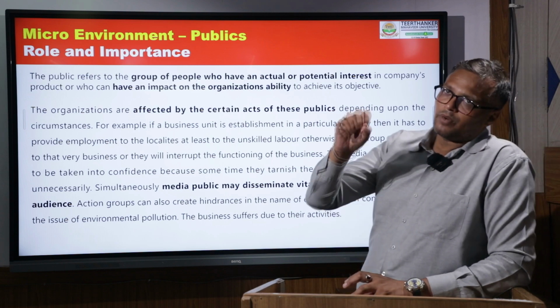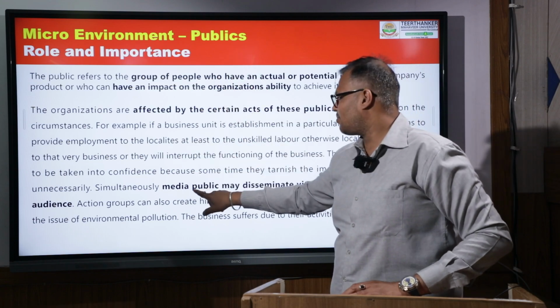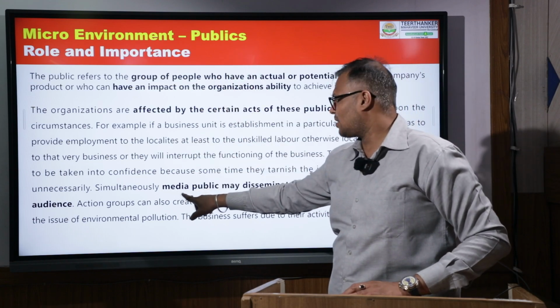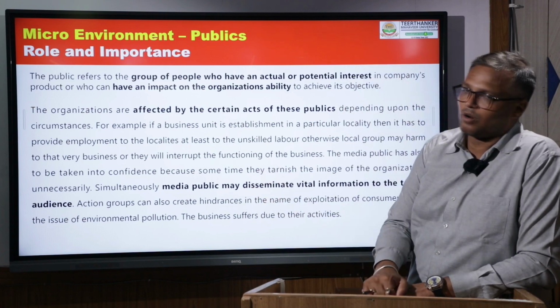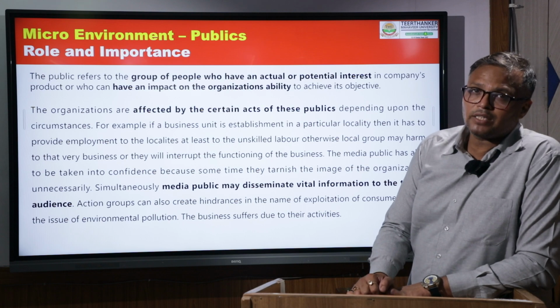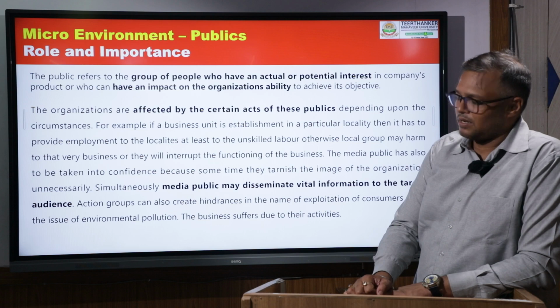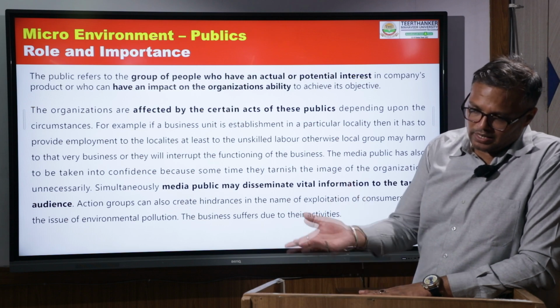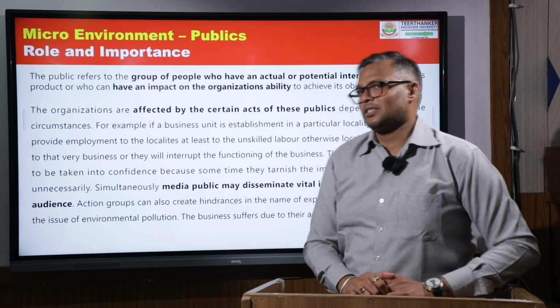Anyways, the more important part is the role of the public with respect to their own feedback, or the feedback given through the media by disseminating vital information to the common people or the potential audience, which plays a very important role when you talk about the microenvironment. And this can either create the image of the organization or even spoil it.